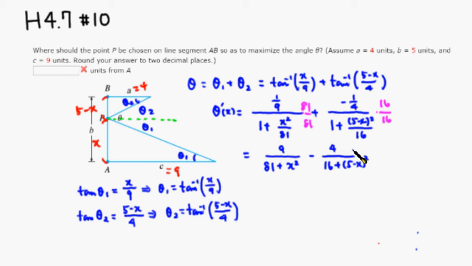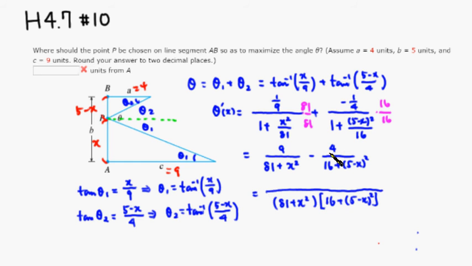By taking the common denominator, we have 81 plus x squared times 16 plus 5 minus x squared. That's the denominator.